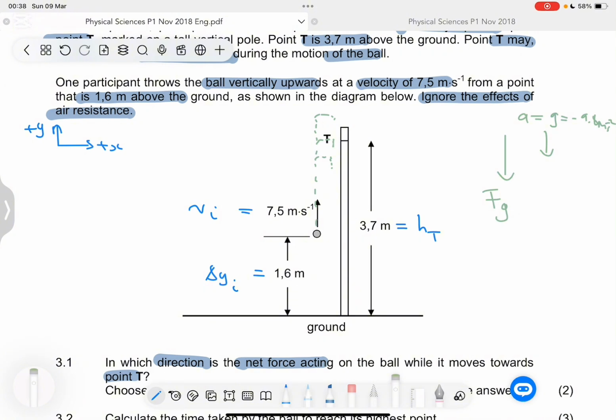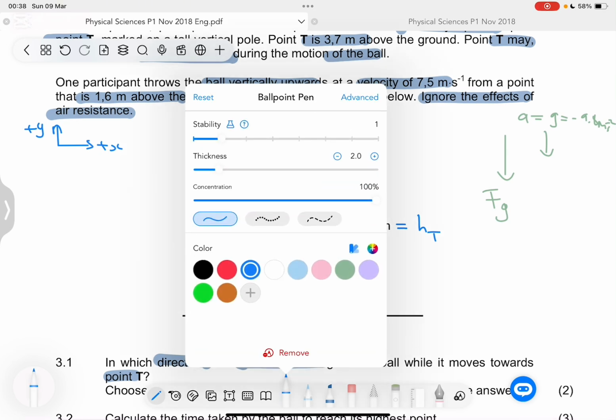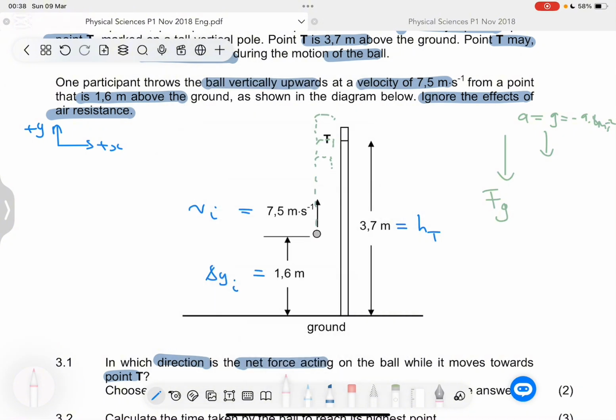Now we are asked, what is the net force as it moves upwards like that? Well, there are no other forces, and the only force acting is the force of gravity. That means that if I define my net force by adding all the forces acting on this object, the net force is equal to the force of gravity, plus 0, because there are no other forces.